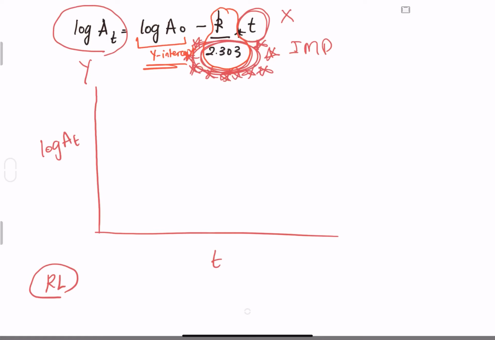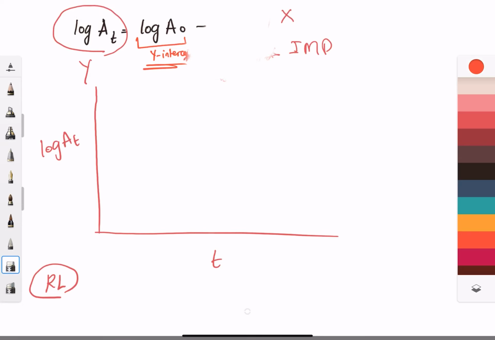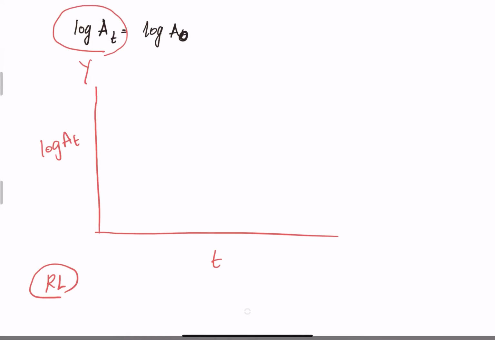Let me just remove that to be easier for you to follow me. So I will just have everything. Okay, so log A at initial minus k over 2.303 multiplied by the time.